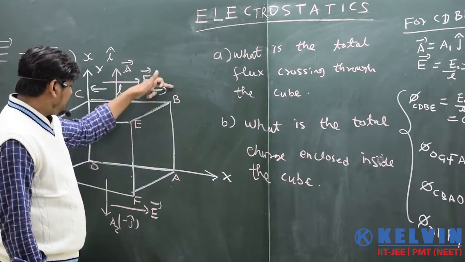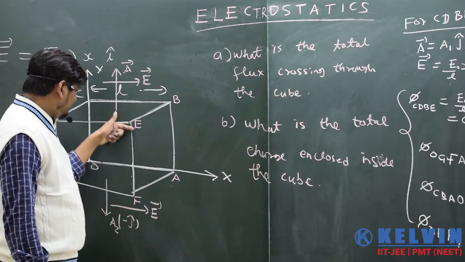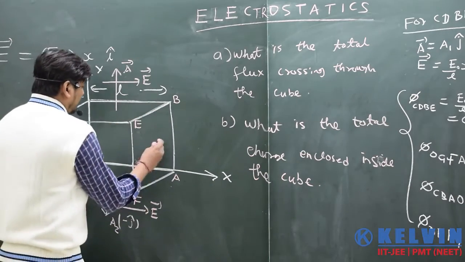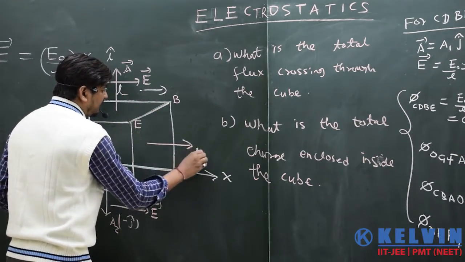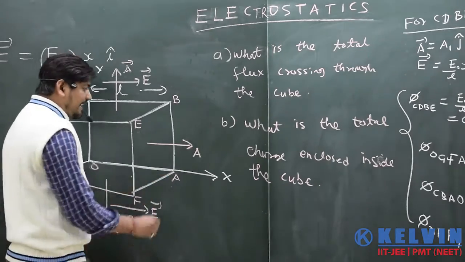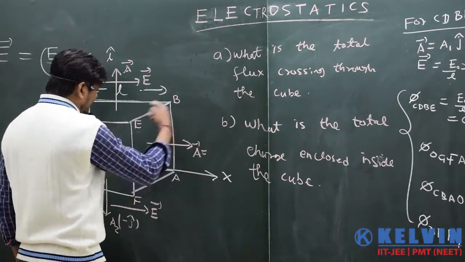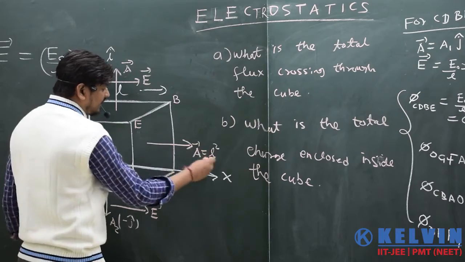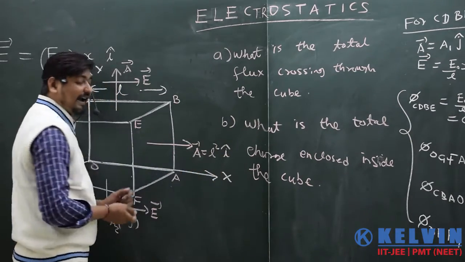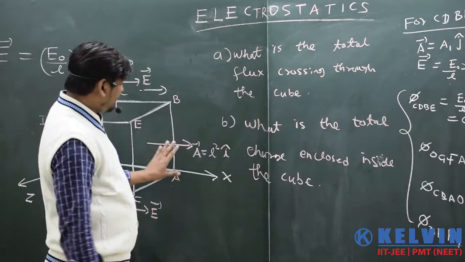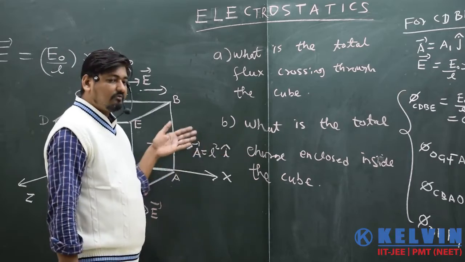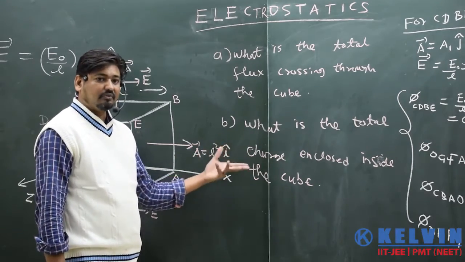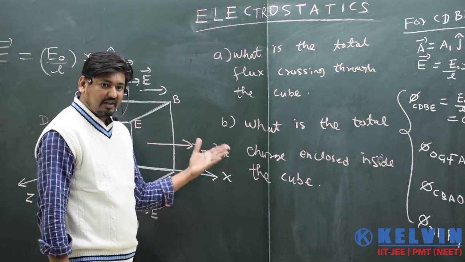For EBAF, or you may say EFAB, the area vector is like this. This is the area vector, and the area vector will be equal to the area itself, which is L square, in the I cap direction, and by convention I have taken the outwards normal for the surface as the positive direction of area vector.